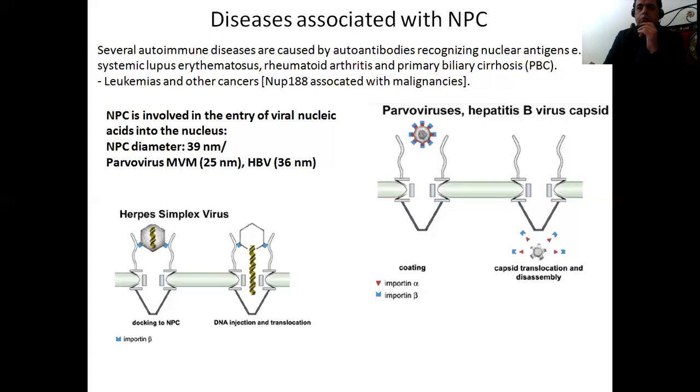So these nuclear pore complexes are not only involved in normal transportation of materials into and outside of the cell. These complexes, as they are made of diverse types of proteins, are involved in different conditions, and also viral entry. That's why some viruses would get into the nucleus, while others will not.